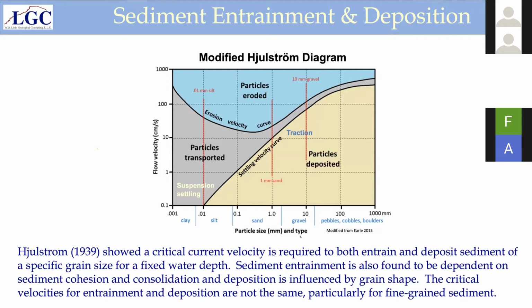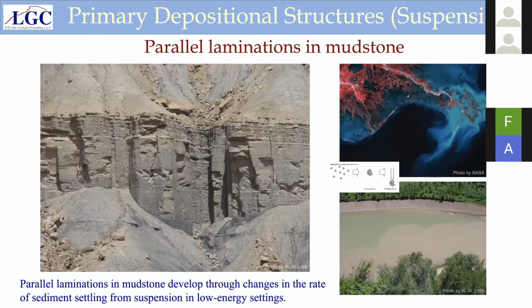Okay, so let's start with deposition from suspension. The primary sedimentary structure that we will see in mudstones is parallel laminations. Now, these can be bioturbated later, but that's a secondary feature. On the right, I have a couple of photographs.